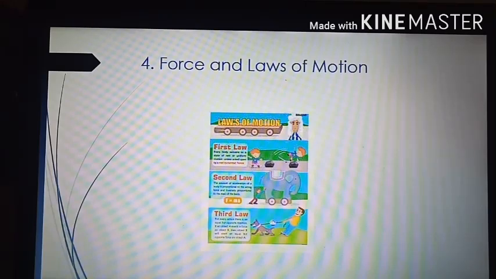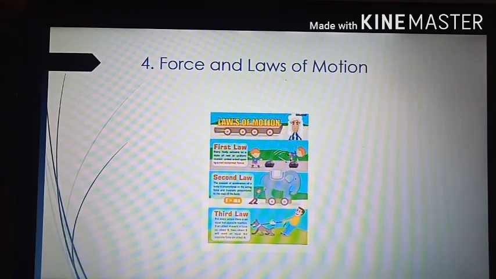We will also learn what inertia is and what mass is. We will learn the second law of motion, which includes the mathematical formulation of the second law of motion. Also, we will discuss the third law of motion and the conservation of momentum.